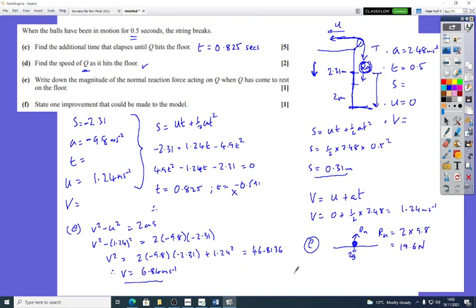And last one, part F. State one improvement that could be made to the model. A few different things. You could include any friction there is in the pulley. You could have said that this string is parallel to the horizontal. There's a few things you could have put in there to improve it. You could even use a more accurate gravitational pull.